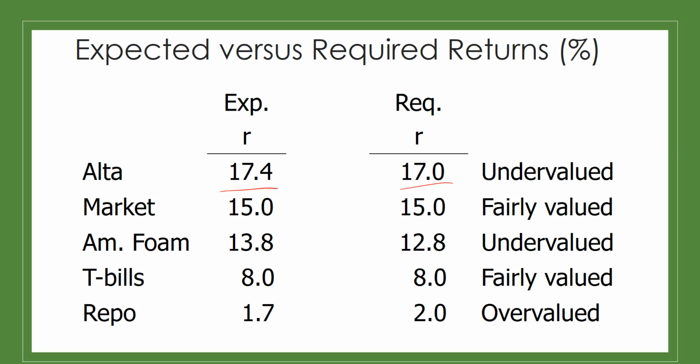That means it's priced low, it's undervalued. The market is fairly valued because the required return and the expected return are equal. American Foam is also undervalued because it's earning a higher rate than what is required. Repo is overvalued because it is earning less than what is required. So it's priced too high.